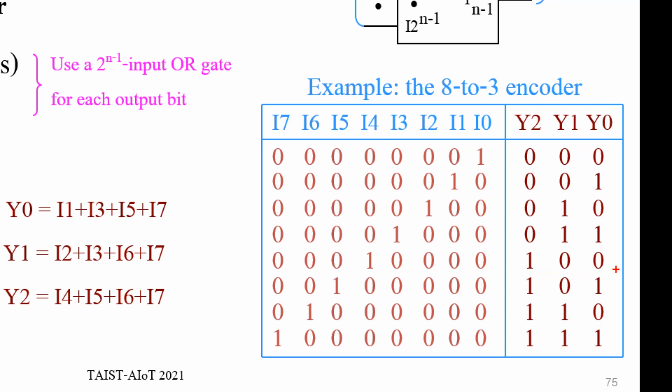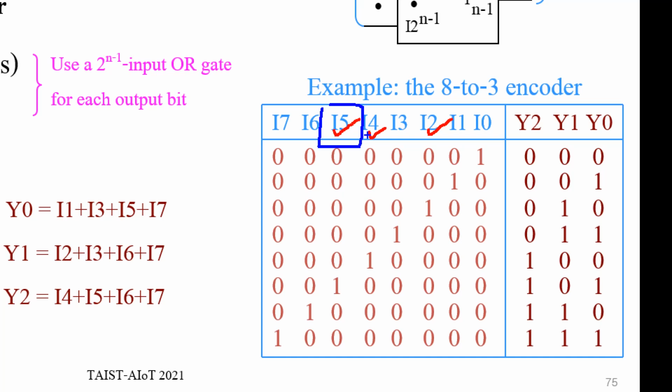So in this case, we will apply some priority. For example, if I7 is the highest priority and I0 is the lowest priority, then for multiple input bits active, the output will show the highest active bit.